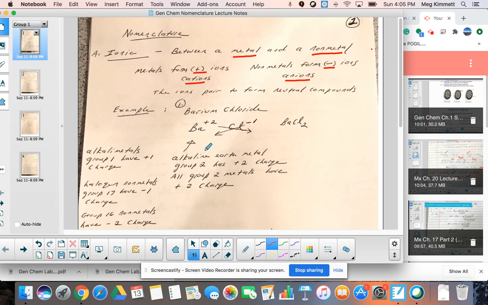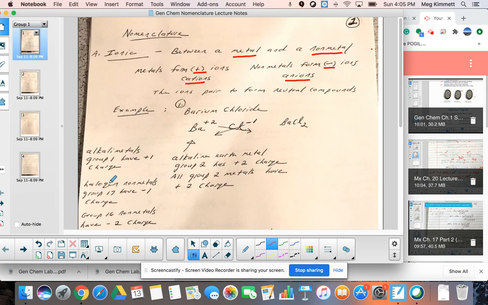Well, how do I know that? I know that all alkaline earth metals of group 2 have a +2 charge, and that's true for everything in that group 2, in that whole column. If I step to the left one on the periodic table, all the alkali metals, the group 1 metals, have a +1 charge.